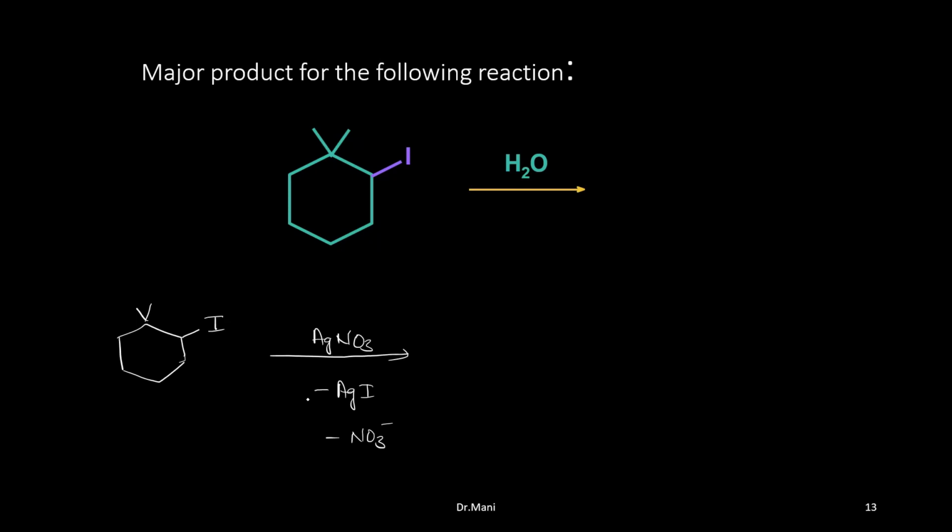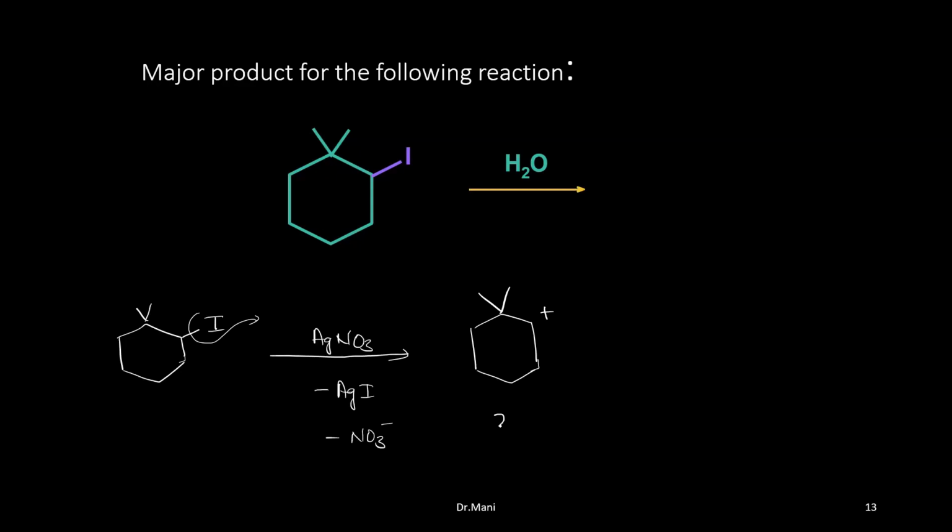Remember, there is a methyl shift, and we will get the tertiary carbon, which is the most stable in this condition. This reaction will happen like this. Whatever iodine is there will leave and this place will turn out to be positive. That's why we call this a carbocation. Cation means positive ion. So a carbocation is formed.